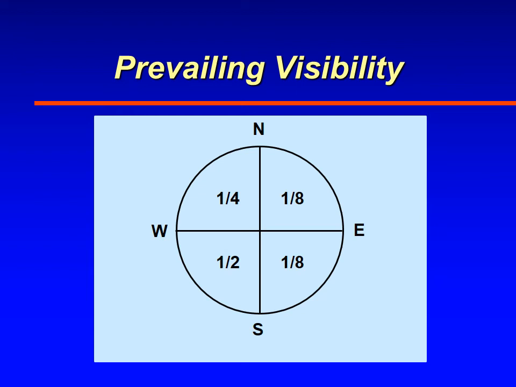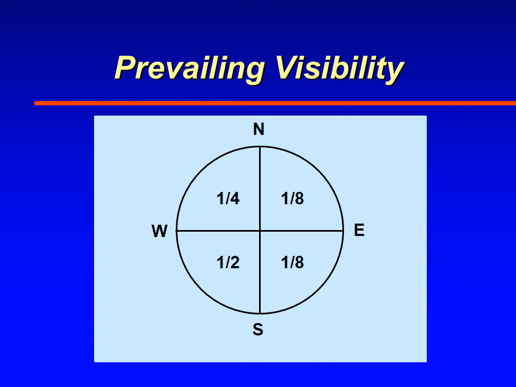And in this case, you've got 1/4 to the northwest, 1/8 to the northeast, 1/8 to the southeast, and 1/2 to the southwest. So if this is what the weather observer came up with as far as their observations, the greatest distance you start out with is 1/2, but you only can see that through 90 degrees.